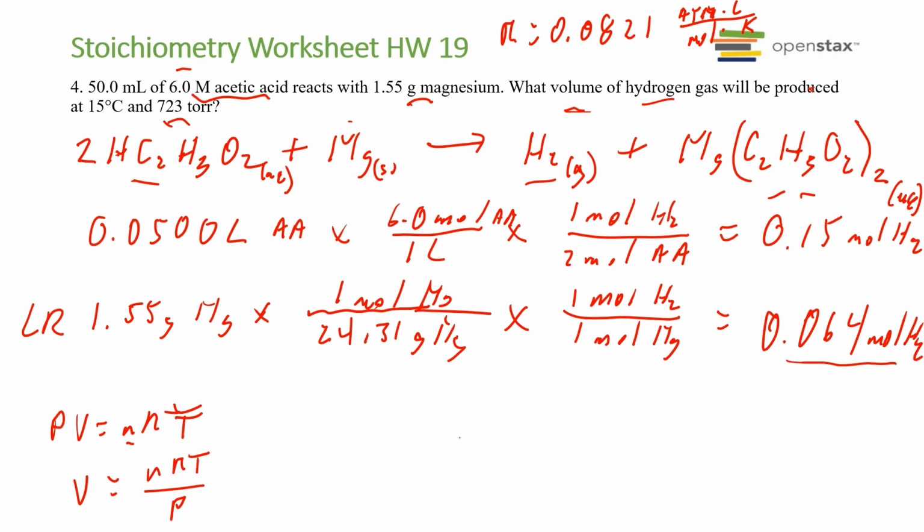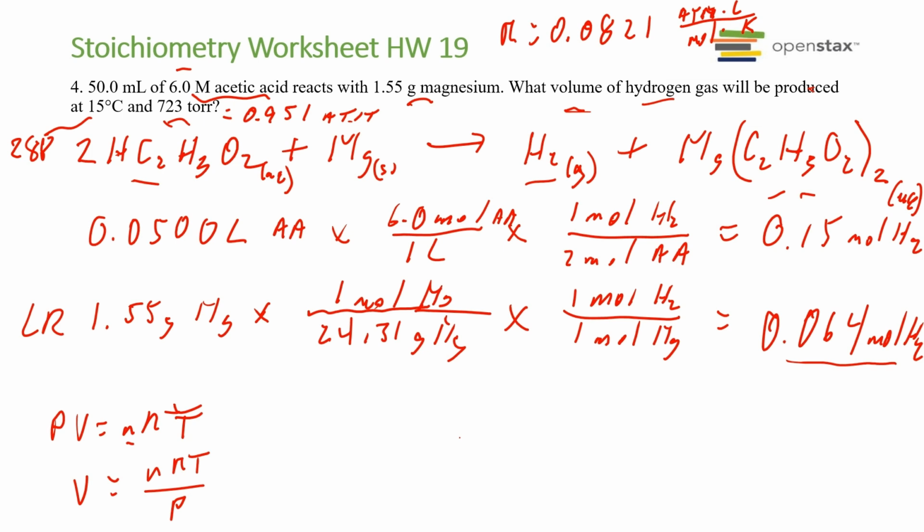So this equals 0.951 atmospheres. Okay. And then our temperature, we've got to convert to Kelvin. So we just have to add 273, which is 288. Okay. And now it looks like we can plug everything in.